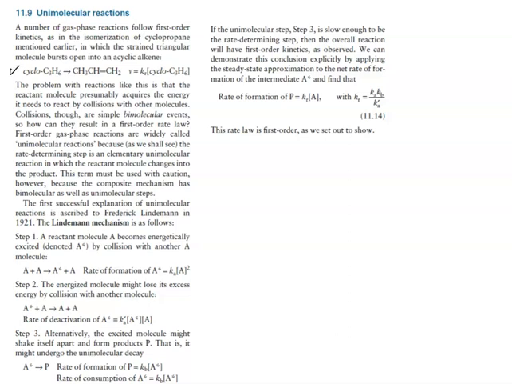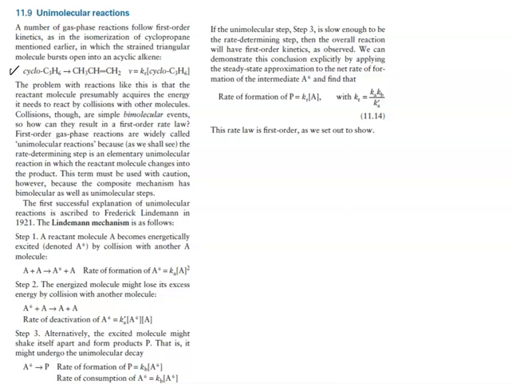And the rate of this reaction can be described simply as v equals k times the concentration of the reactant cyclopropane. The problem with reactions like this is that the reactant molecule presumably acquires the energy it needs to react by collision with other molecules. Collisions, though, are simply bimolecular events, so how can they result in a first-order rate law?